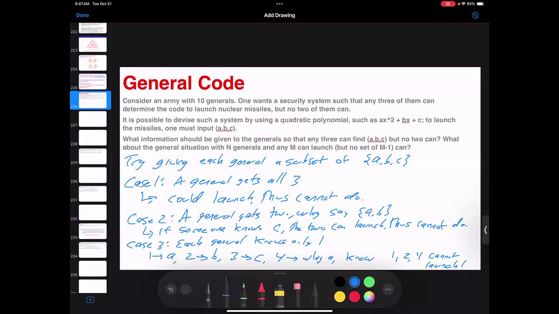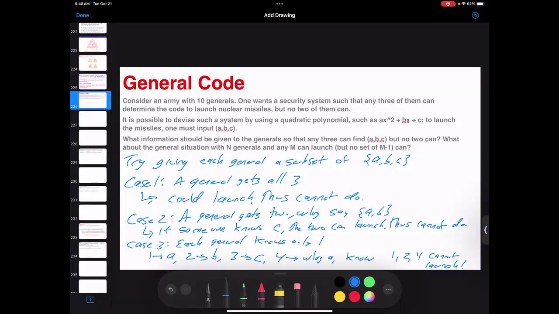The reason it seems like it's impossible is it is impossible if this is how we do things. So if we're giving the generals information by giving them 1 of A, B, or C, or 2 of A, B, or C, or 3 of A, B, and C, there's no way we can satisfy these constraints. So we have to do something else. It's very important to remember, what are we trying to do? We are trying to set it up so that any 3 generals can figure out what A, B, and C are.